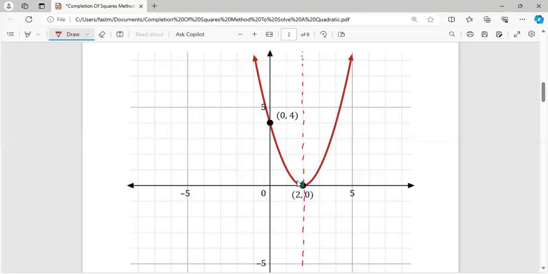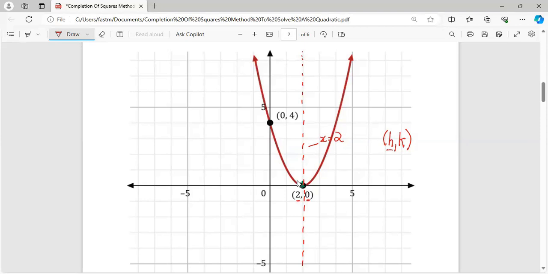So that's the axis of symmetry, which is 2. Remember, the coordinate for the minimum point is (h, k). So h is the axis of symmetry and k is the minimum y value. So this here is the axis of symmetry, which is the line x equals, in this case, 2. So that's h. And k is 0.